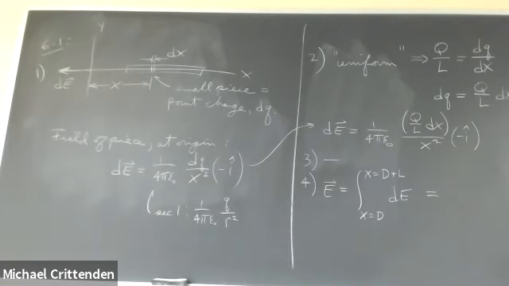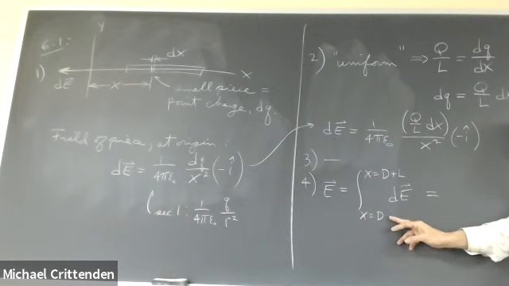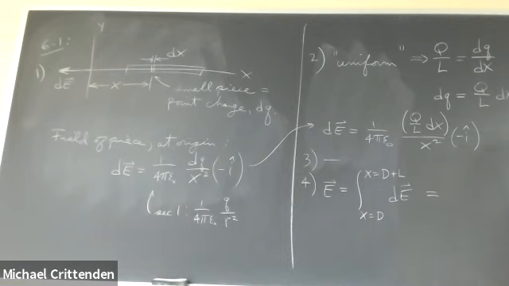To get E, the field of the entire rod, add up the fields of all of the little pieces of the rod. Starting at one end of the rod, the left end of the rod is at x equals d. The right-hand end of the rod is at x equals d plus L. So that's going to be the integral of dx over x squared with a bunch of constants sitting there attached to it. And I will write out the details of that next time.